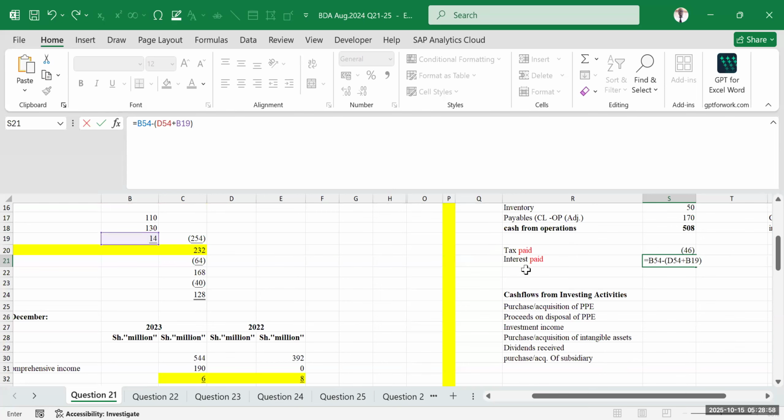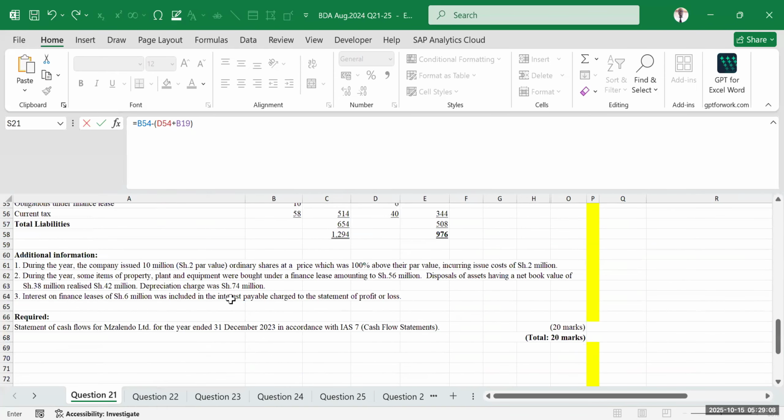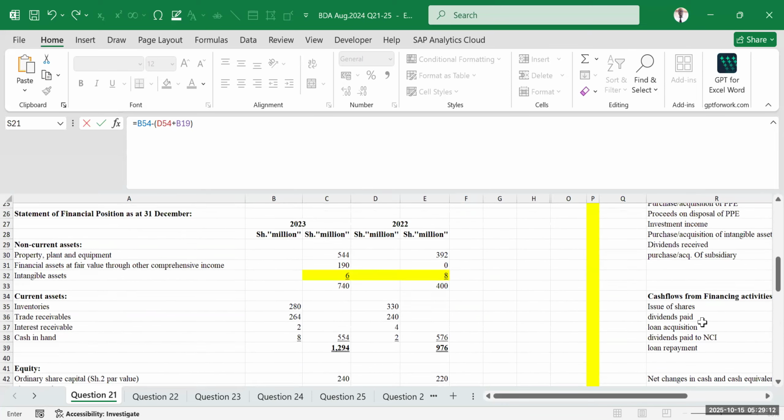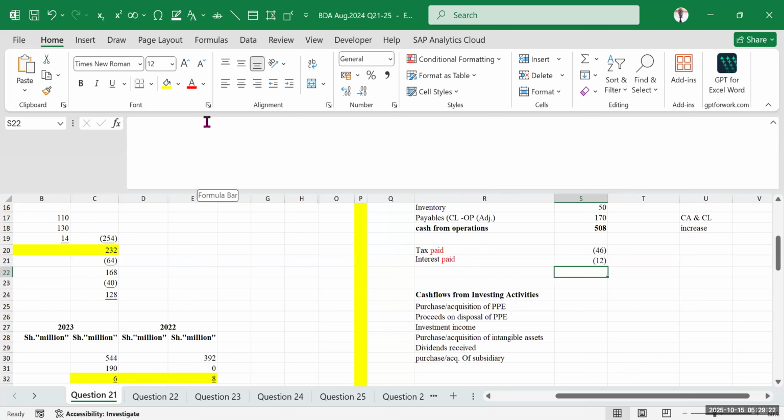But on interest paid, in case there is any accrued interest that was not recognized in the income statement, the examiner will be able to explain or maybe point it out in the additional information. So once that is pointed out, make sure you do that adjustment accordingly. But without a mention of that, this one adjustment is always enough. Once you do that, just confirm by clicking on enter, and you'll be having your interest paid there.